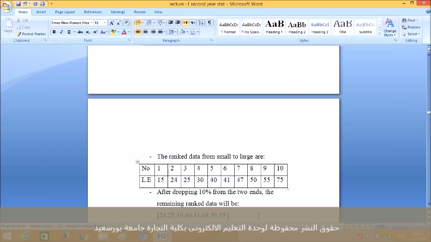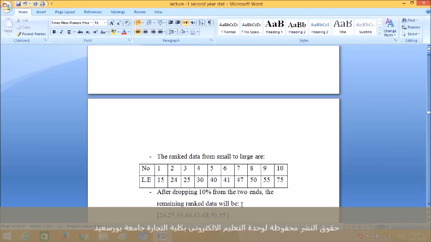So we omitted the observation value 75 from the right hand and the observation value 15 on the left hand. The remainder of the data will be 8 observations like this, beginning with 24 to 55, right?